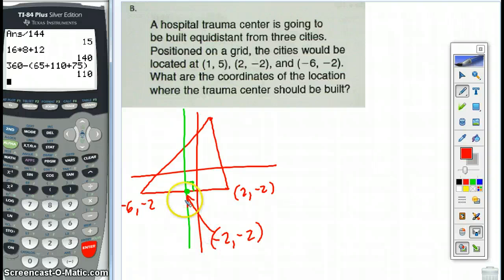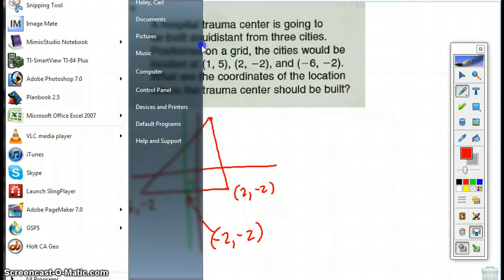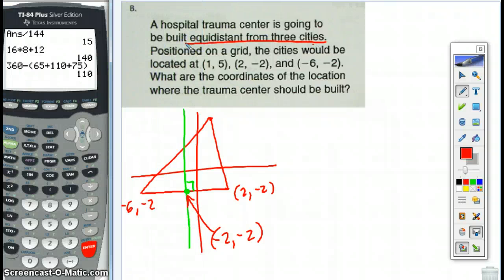Okay, so I know that that's one of my perpendicular bisectors. And if we want equal distance from the 3 cities, we're going to be finding the circumcenter. So what we're going to do is find the perpendicular bisector of another one of our sides. I'm going to do this side up here, which is 1, 5.